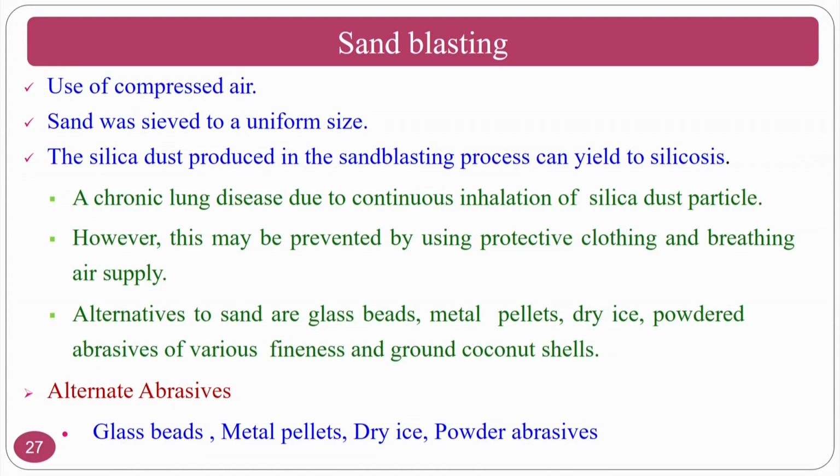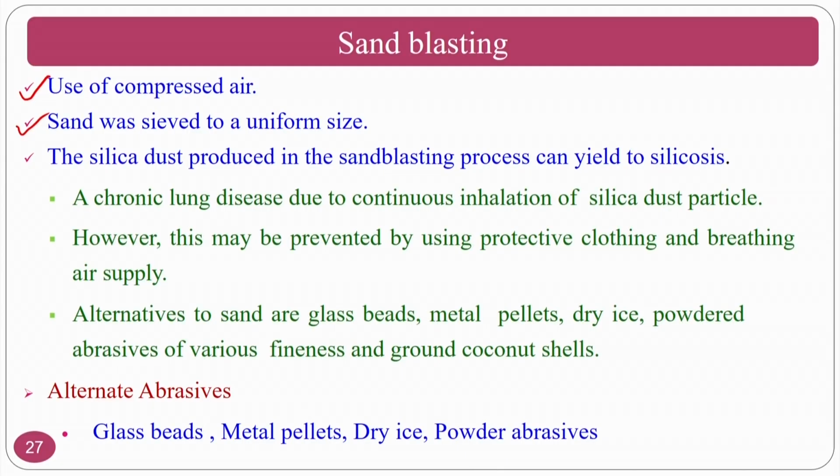Sandblasting normally uses compressed air. At the same time, sand is sieved to get a uniform size. If you sieve it, what will happen? You will get a uniform size of particles. Otherwise, if a big particle is there, it will create a big crater. If small particles are there, it won't. Then you will get a non-uniform surface, which is not desired by a manufacturing engineer.